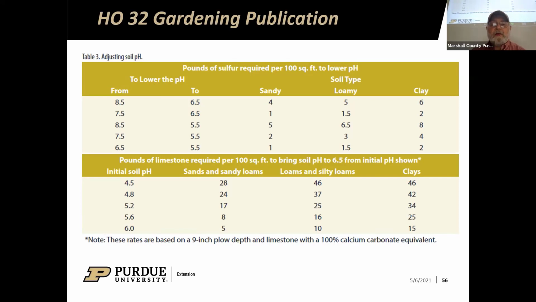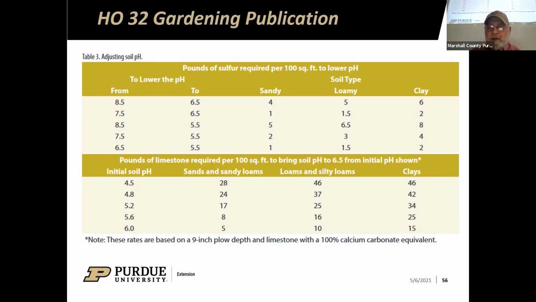And that's why we test those soils more often than a medium soil, the loam soils, or the finer soils, which are the clays, because they have the clay and the organic matter to hold on to nutrients in those soils.